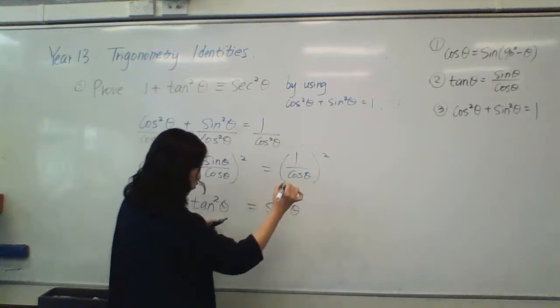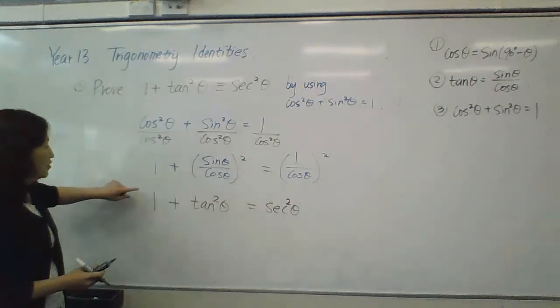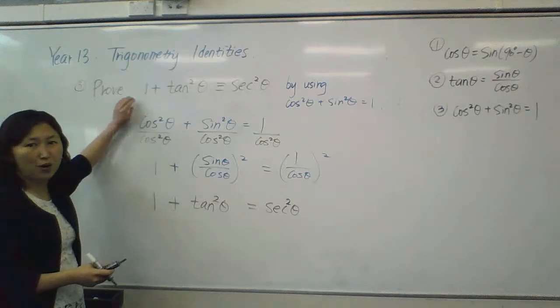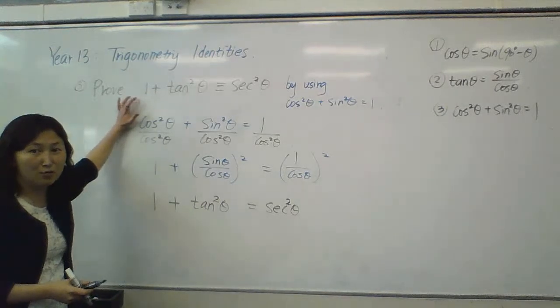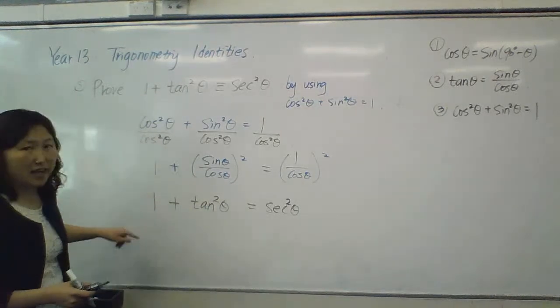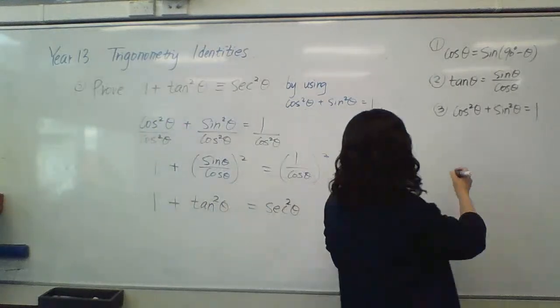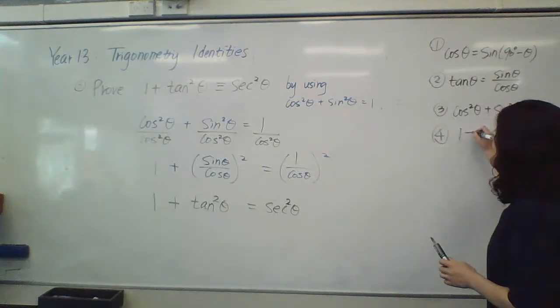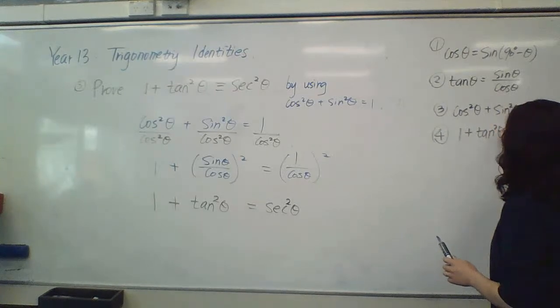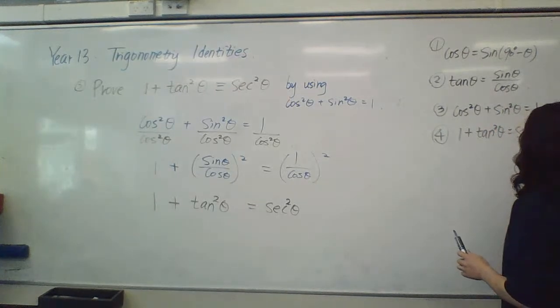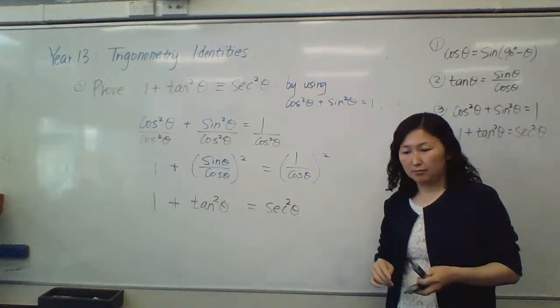So I put the square here. So now, does it look like the question that's given to us? So now we just prove it. And this is the next identity that we actually use a lot to prove others. So 1 plus tangent theta squared is equal to secant theta squared.